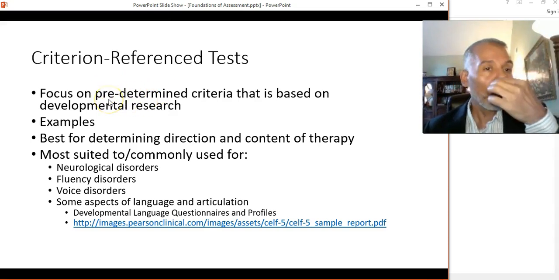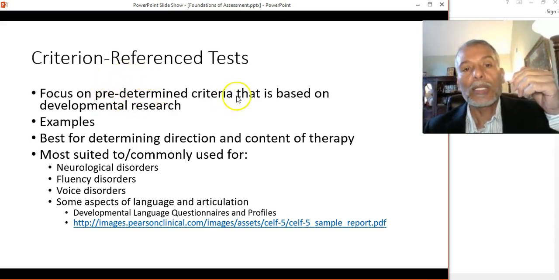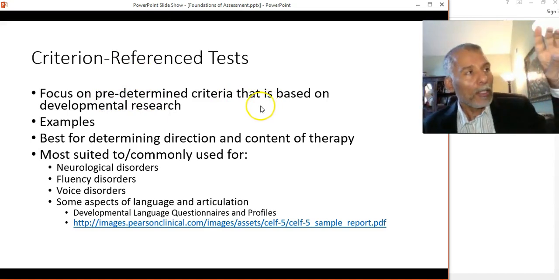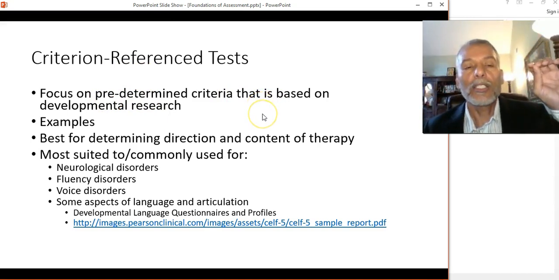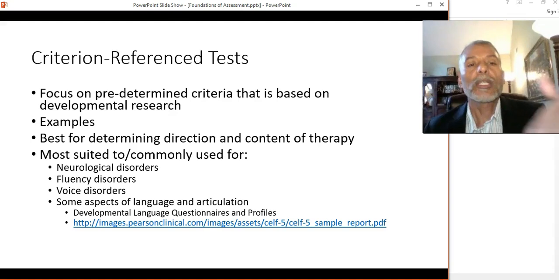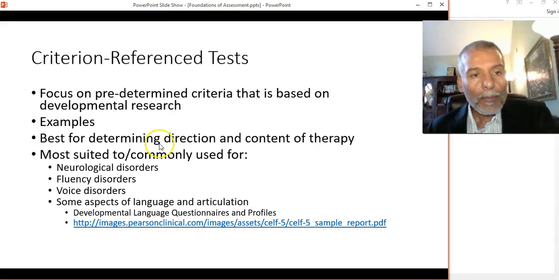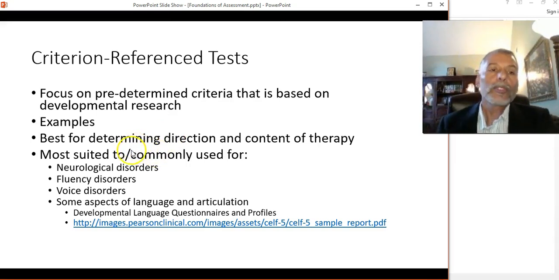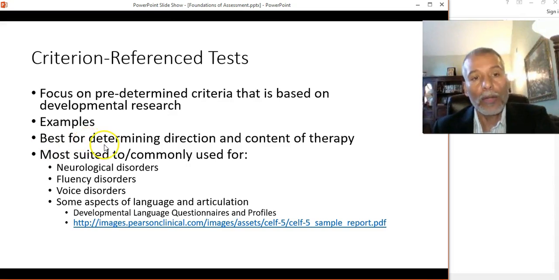And then the criterion referenced test takes these as 1, 2, 3, 4, 5, 6 skills that are required for this particular age. And then you have a test that asks questions about these skills, and then you administer it, and then you compare and see if the child is missing one of these skills or not. So, why are the criterion referenced tests used? Basically, they are used more in situations when the standardized tests are not as good, or not as suited.